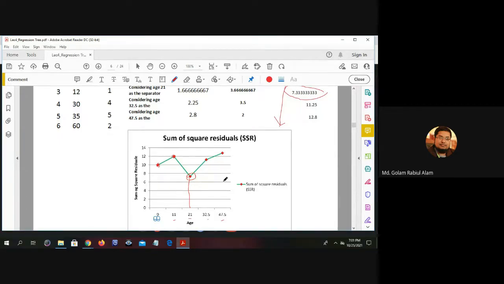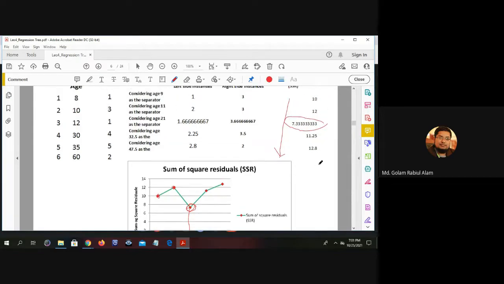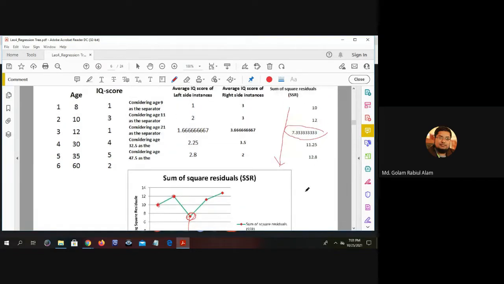We can see that the minimum sum of square residuals is this one. If we present the graph, sometimes we need to plot it for our applications, for our thesis, but we can easily find that the minimum one is 7.33.